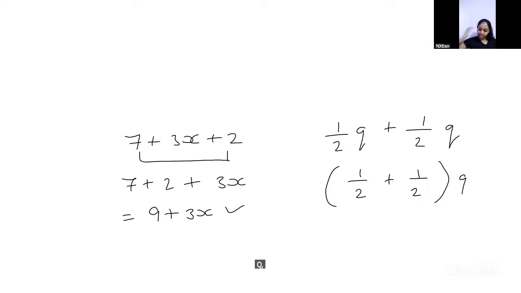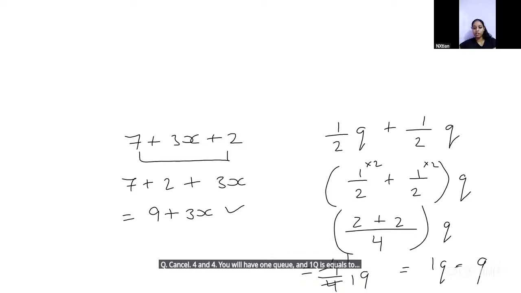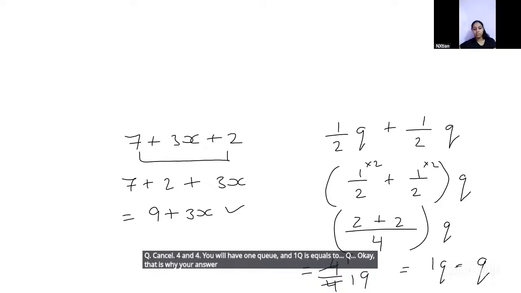Take an LCM, 2 2s are 4. 2 plus 2, q. You have 4 upon 4q. Cancel 4 and 4. You will have 1q, and 1q is equal to q. That is why your answer in the second one of the seventh part is only q.